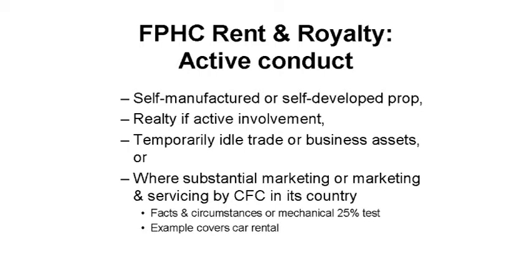Similarly, if a CFC regularly develops software and licenses it to unrelated parties, the royalties from such licensing are not Subpart F income. This puts rent and royalty income on the CFC's products on the same footing as profits from selling the goods it made or the intangibles it developed. We'll cover the sales income side in our coverage of foreign-based company sales income.